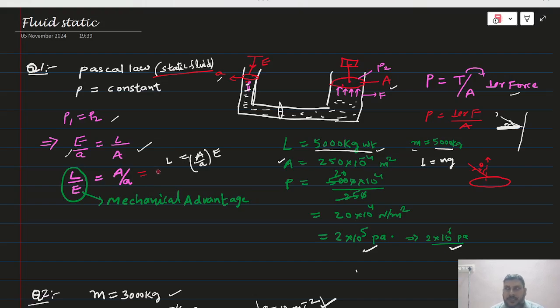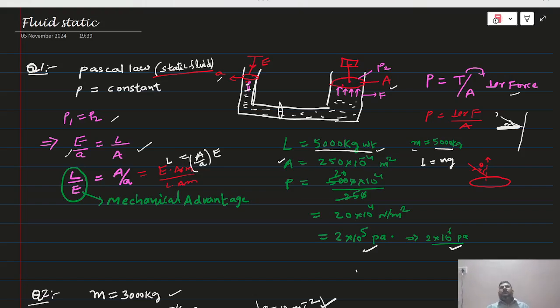But in some other cases, like screw jacks and levers, it is effort arm by load arm. So load into load arm is equal to effort into effort arm. This is the mechanical advantage in levers.